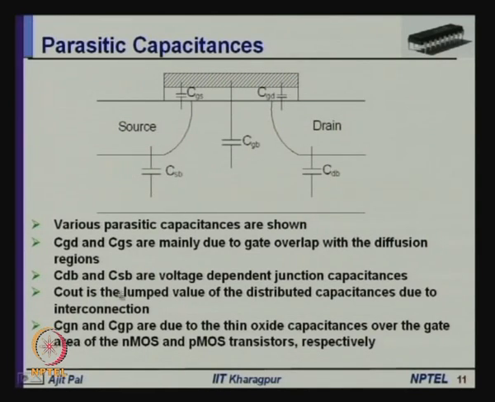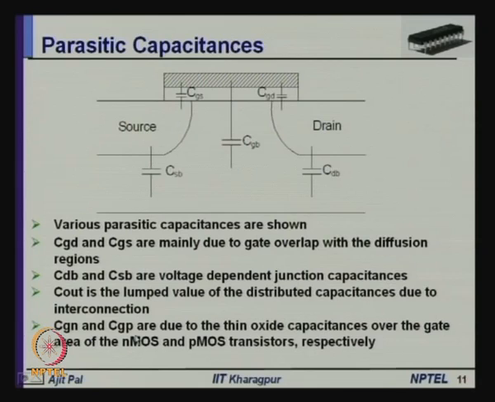These two are voltage dependent junction capacitances because, as we have seen, they are reverse biased diodes, and depending on the reverse bias voltage their capacitances will vary. Then C out is another capacitance that you will encounter whenever you interconnect an inverter to other parts of the circuit, that is essentially the distributed capacitance due to interconnection. C out is not shown here, I shall show it in the next diagram.